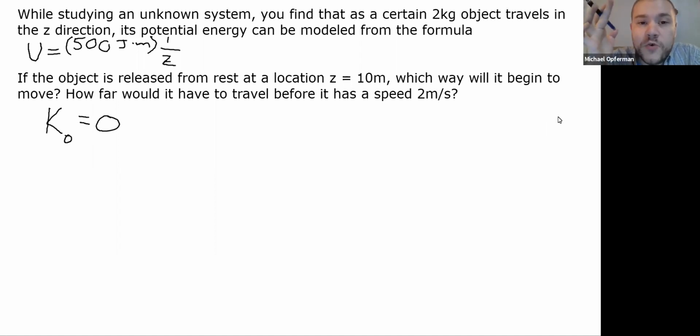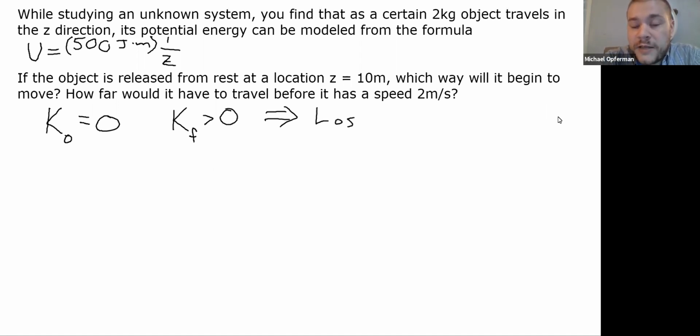As it starts to move, the kinetic energy is going to go up. So final kinetic energy is definitely going to be larger than 0. So it gained kinetic energy. If the object gained kinetic energy, that means that it had to lose potential energy. So the final potential energy should be lower than the initial potential energy.